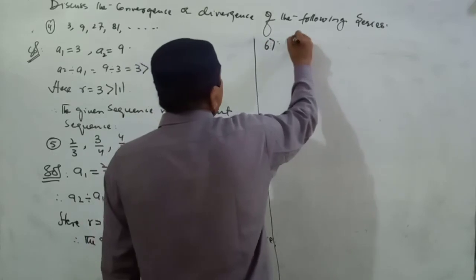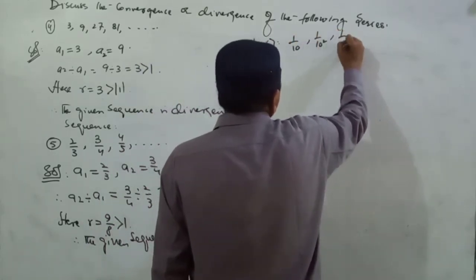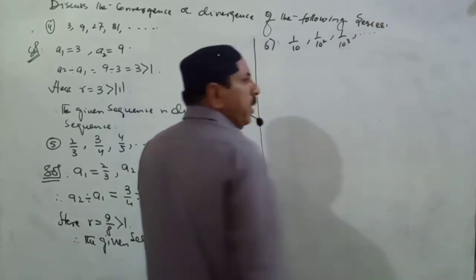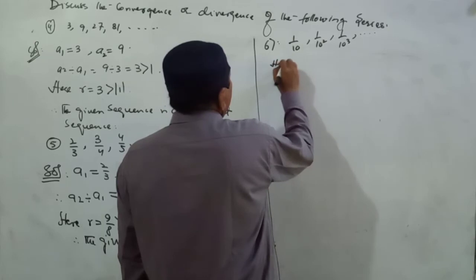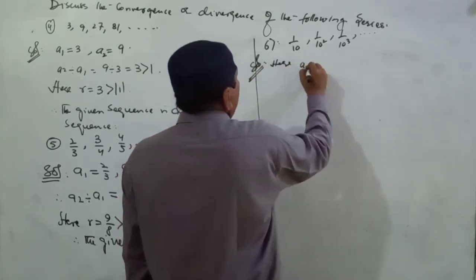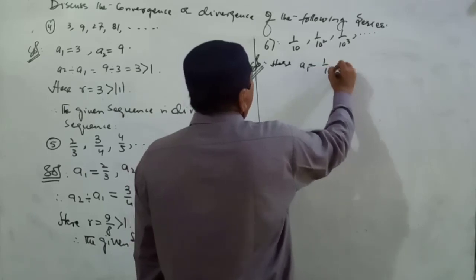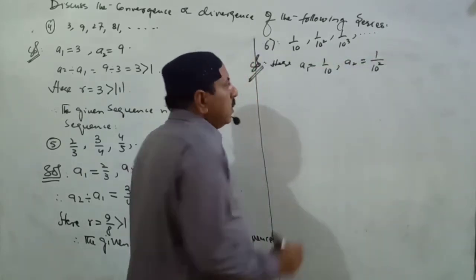Number 6 is 1 upon 10, 1 upon 10 square, 1 upon 10 cube. Here A1 is equal to 1 upon 10, A2 is equal to 1 upon 10 square.